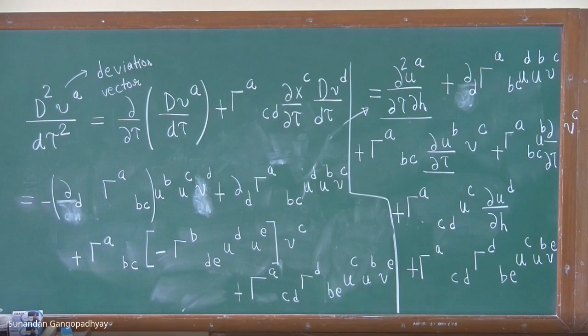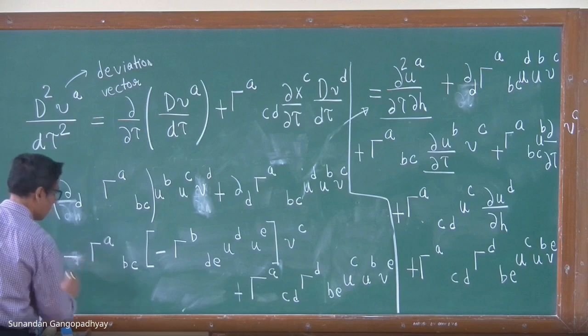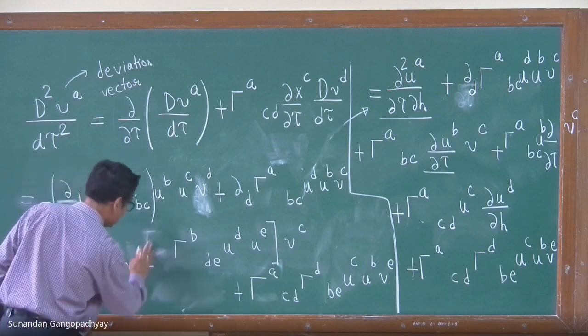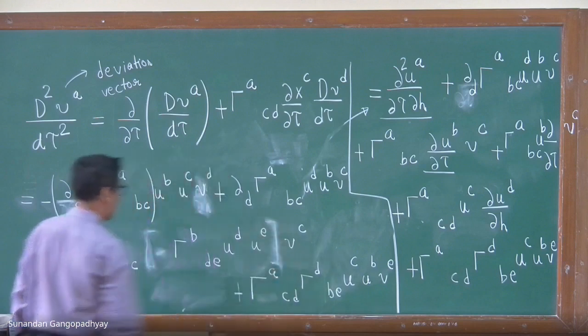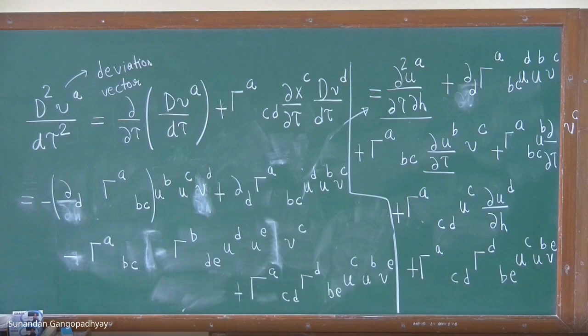Plus you have del d gamma abc ud ubvc, that is there, minus gamma abc gamma bb ud ue bc, and then the last term gamma acd gamma db uc ubp. So we have all the terms here. Let me just put the minus sign here. It will be flat. 1, 2, 3, 4 terms. Okay, so that is good.